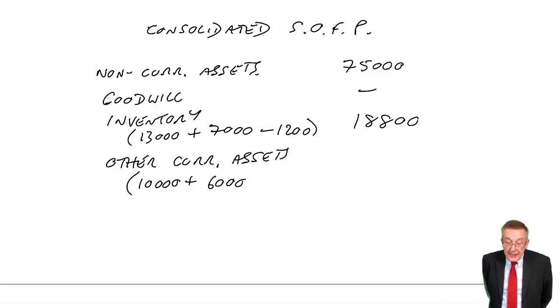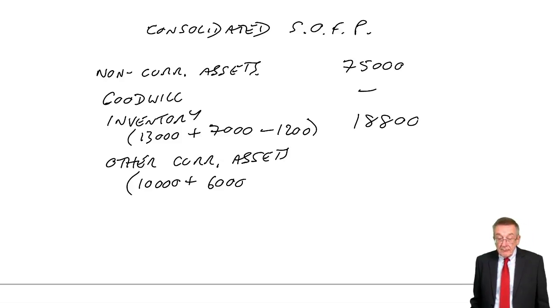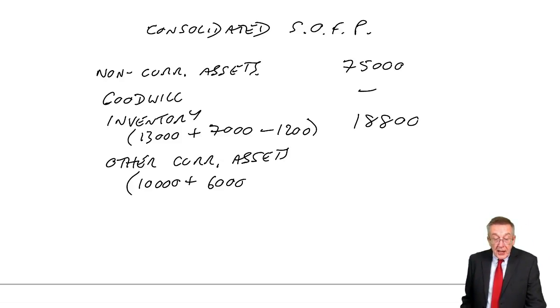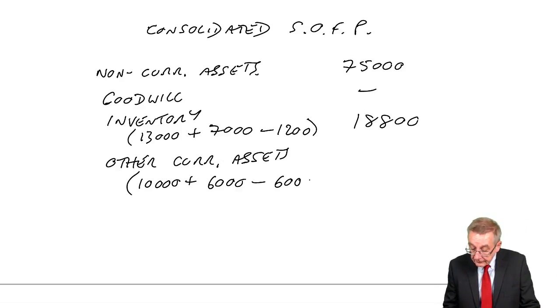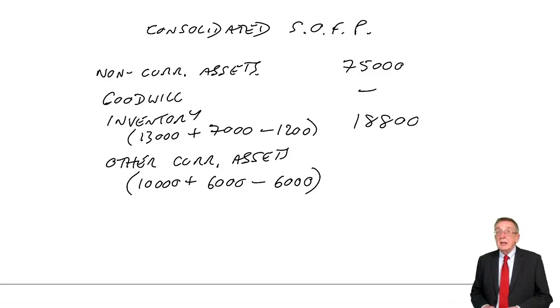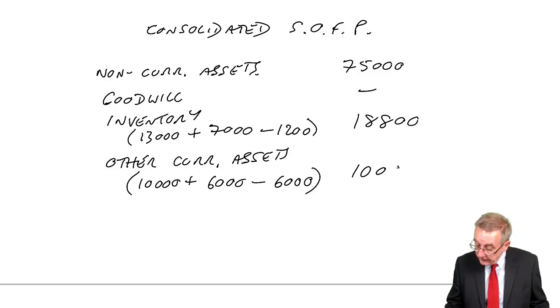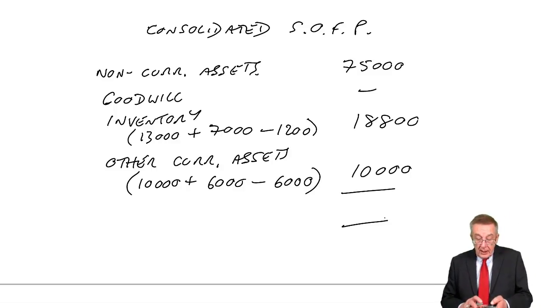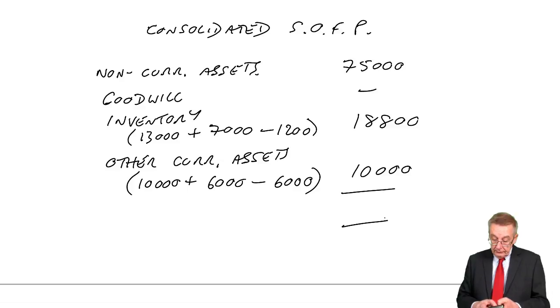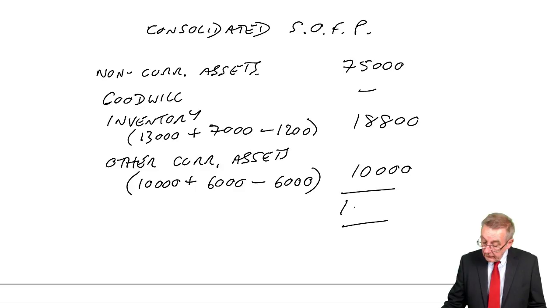Because P hadn't paid S for the goods, P's payables include 6,000, S's receivables include 6,000. And so included there is 6,000 owing from P to S. The amount owed from outside the group, 10 plus 6 makes it 10,000. So the total $103,800.